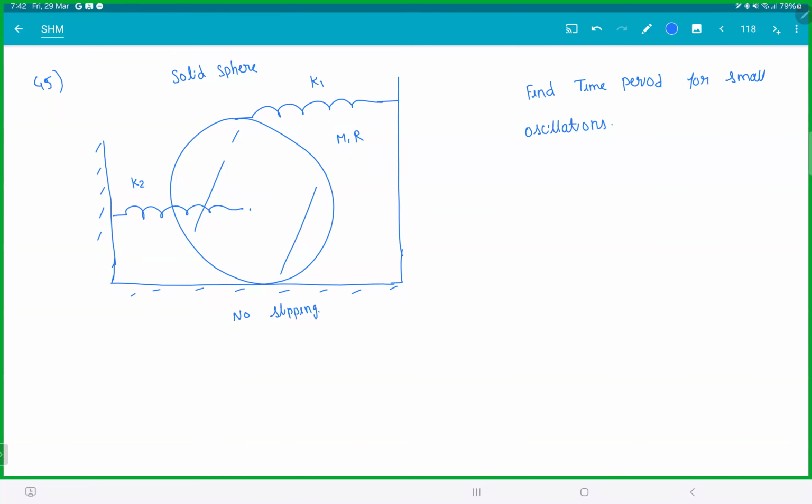Displace by x and find the restoring forces. By 2m by 15k. Anyone else got the same?